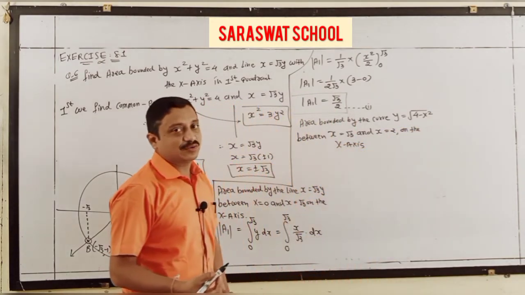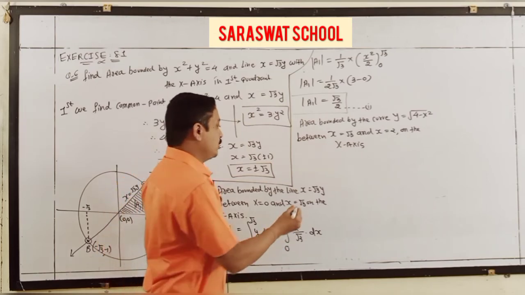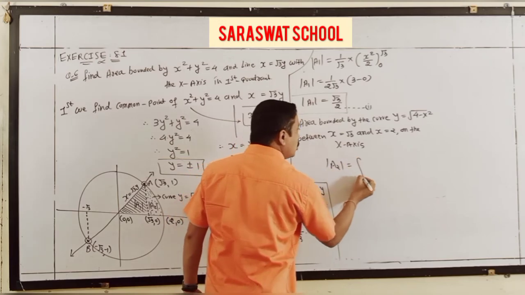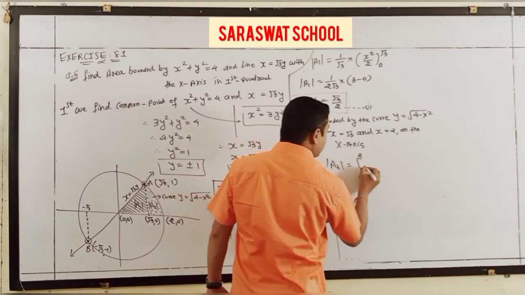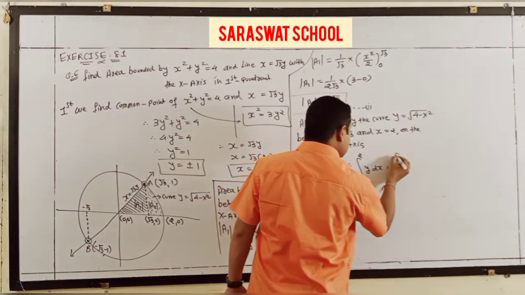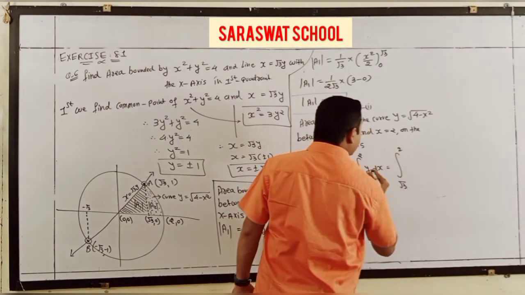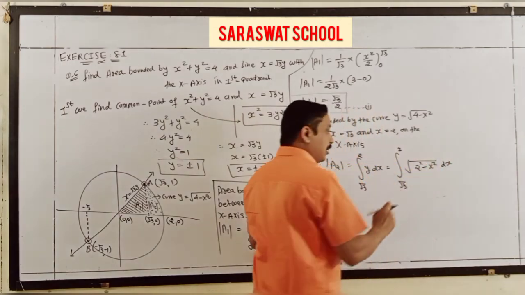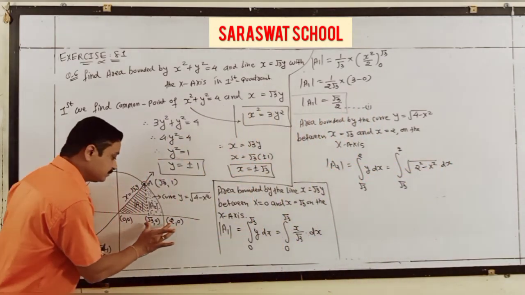Necessary, students, write down the steps properly. So A2: what is your A2? Root 3 to 2 y dx, and y is under root 2 square minus x square. I only explain this part.